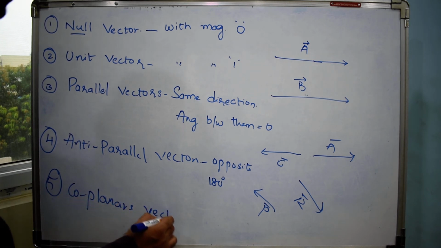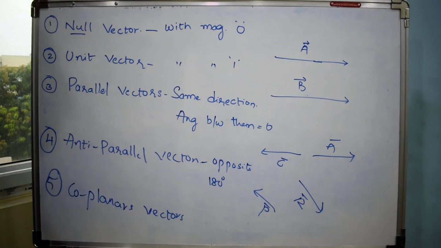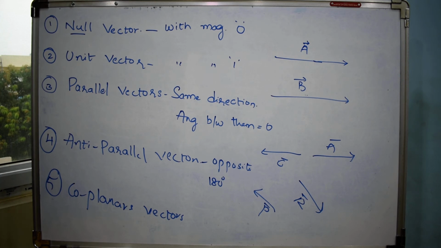Whenever it comes to coplanar vectors, if there are more than 2, we can say whether they are coplanar or not. But if there are only two vectors, they will definitely be coplanar.